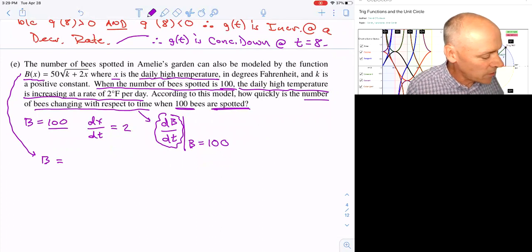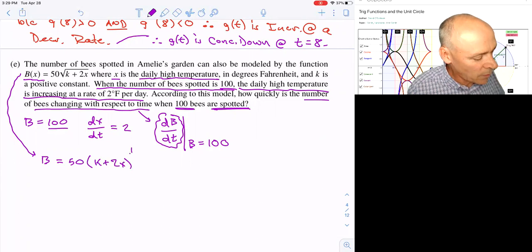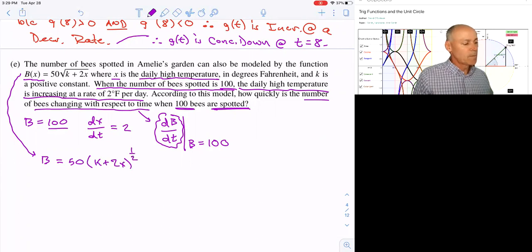So B is equal to 50, and I'm going to do a rewrite on the fly. Instead of a radical, I'm doing the quantity k plus 2x raised to the 1/2 power. So all I did is rewrite that function: B is equal to 50 times the quantity k plus 2x to the 1/2.